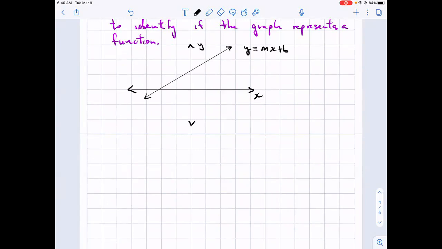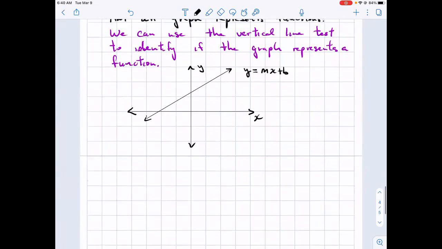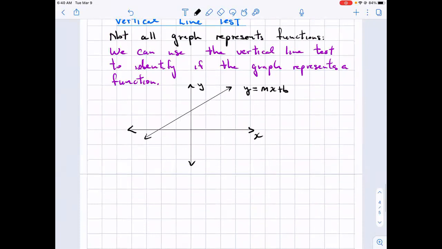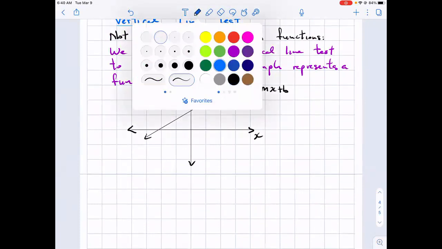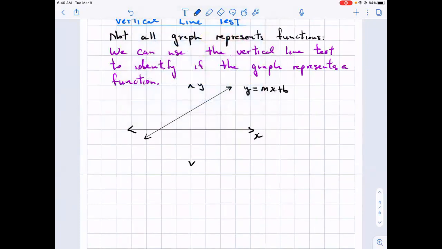Now, you will notice, what is the vertical line test? The vertical line test is a vertical line that we draw on the graph anywhere.